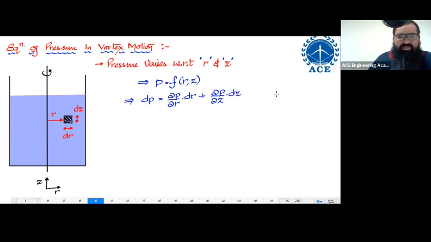This is the equation I'm supposed to have. If pressure is a function of two variables, then a small change is supposed to be like this.